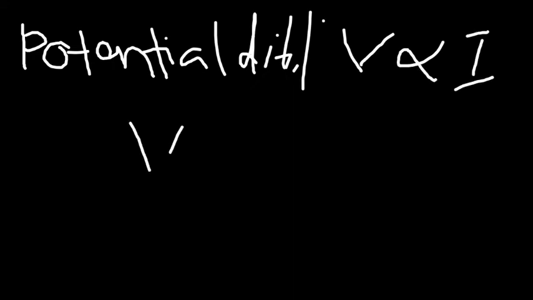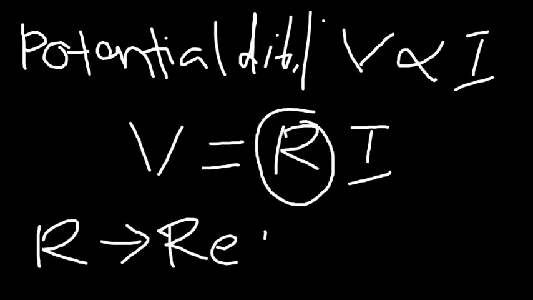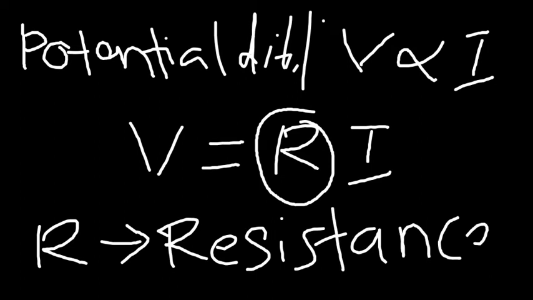We have to introduce a constant of proportionality, a new constant term represented with the capital letter R, known as the resistance of the conductor. We are already familiar with the symbol of a resistance or resistor, then the variable resistor, a type of variable resistor being the rheostat. These electrical symbols we are already familiar with. And this constant is known as resistance.